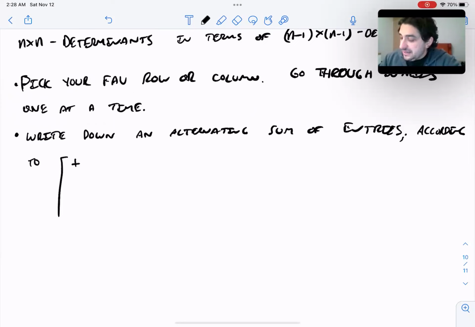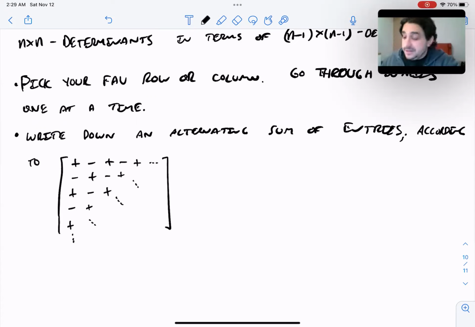And you do that according to just a checkerboard. So the very top left entry in your matrix is always going to be positive, right? And then you just alternate from there, right? So that's the rule according to which you set the signs.